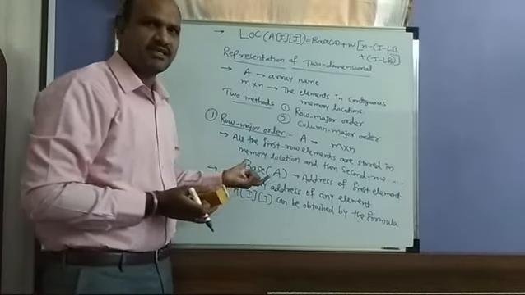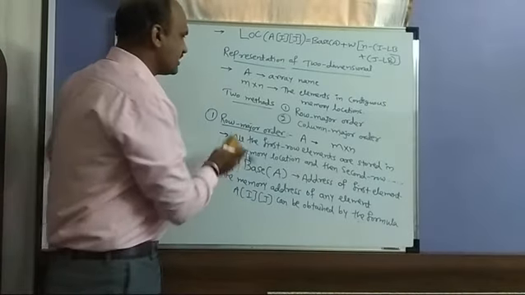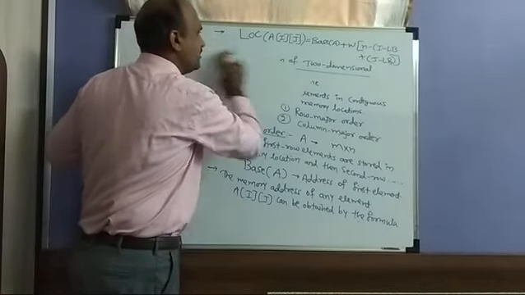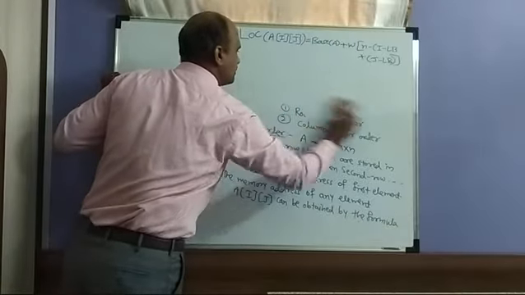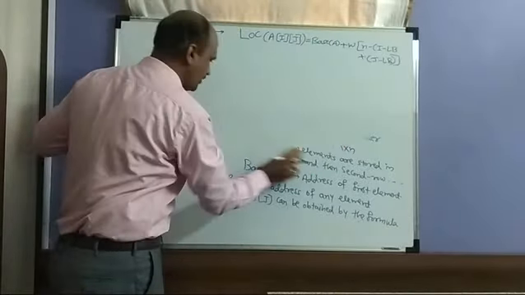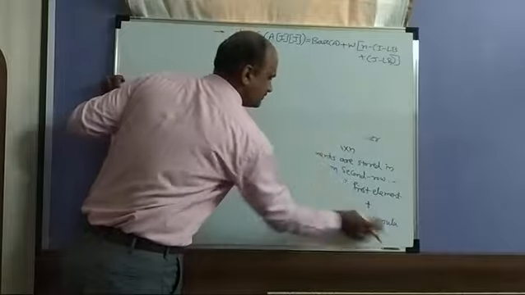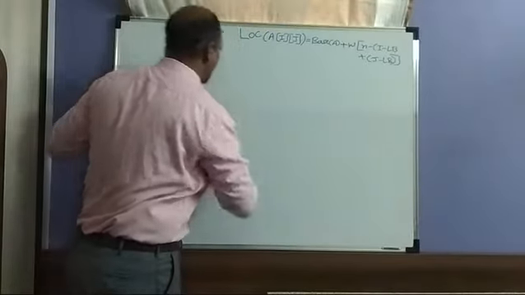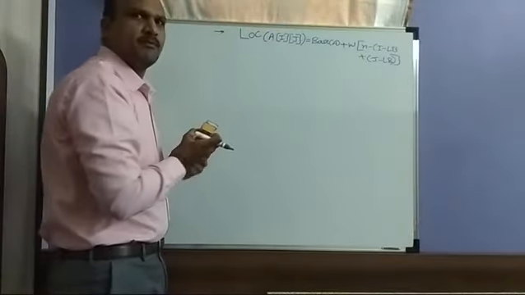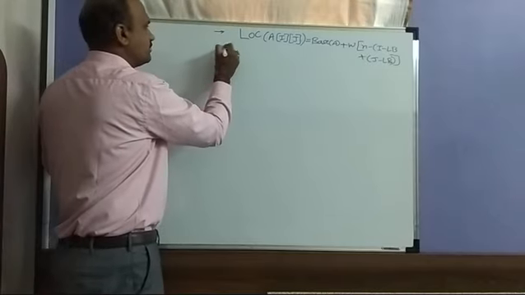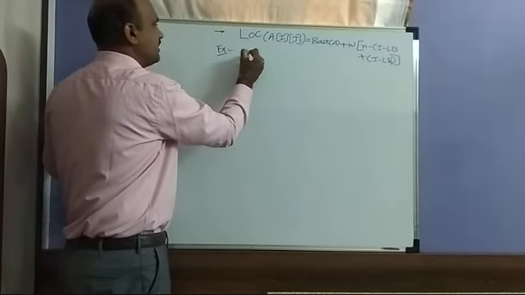If I take an example, how exactly this row major order will be represented. Very simple example, as I told you, an m into n matrix.